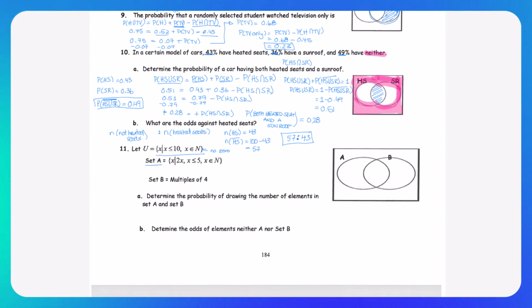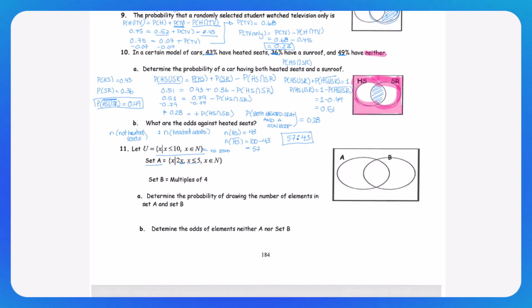The first set inside this universal is x such that 2 times x, where x is less than or equal to 5, where x is still an element of the natural numbers. Well, we can actually write out this set. All we're going to do is replace this x here with numbers 1 through 5.